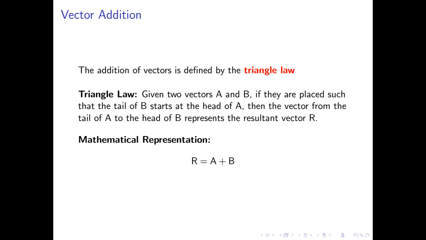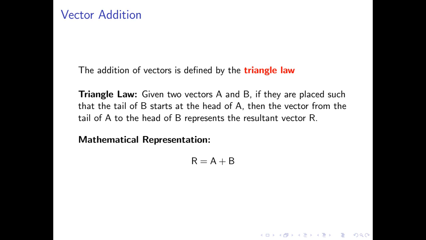Suppose we have two vectors A and B. If they are placed such that the tail of B starts at the edge of A, then the vector from the tail of A to the head of B represents the resultant vector. I'm going to indicate it geometrically for you to understand what I'm talking about.